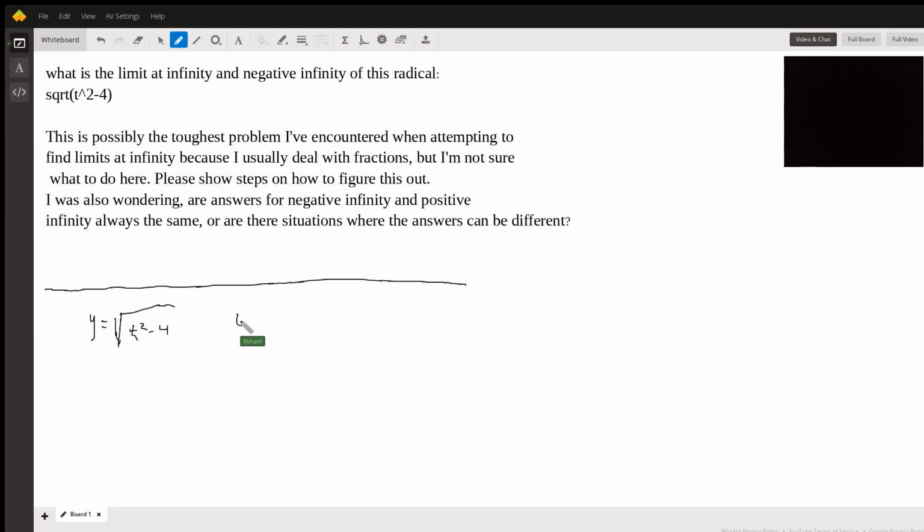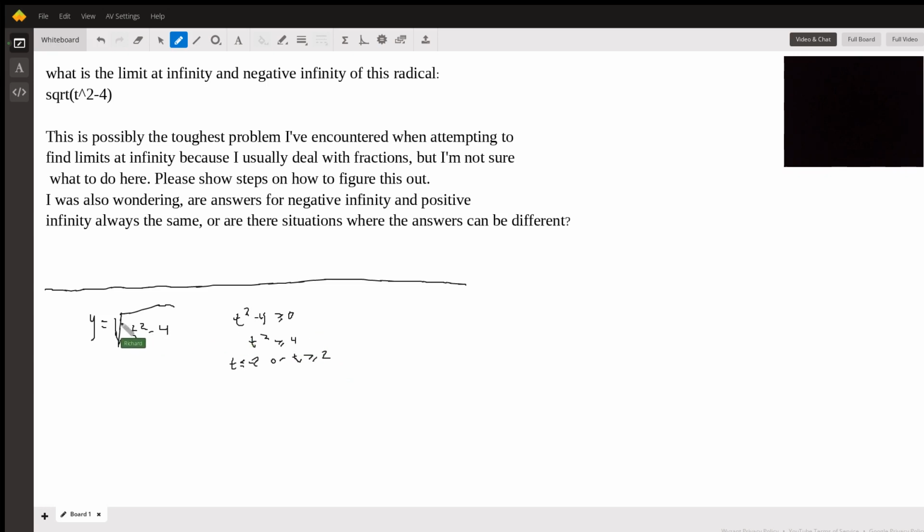You see, t squared minus 4 has to be greater than or equal to 0, which means that t squared has to be greater than or equal to 4, which means that t itself has to either be less than or equal to negative 2, or t has to be greater than or equal to positive 2.